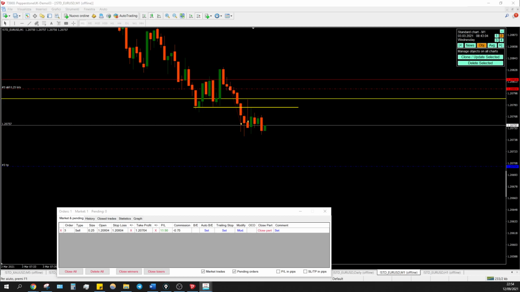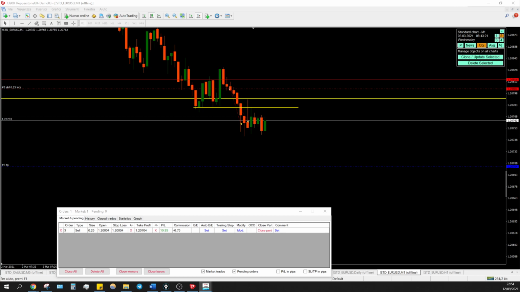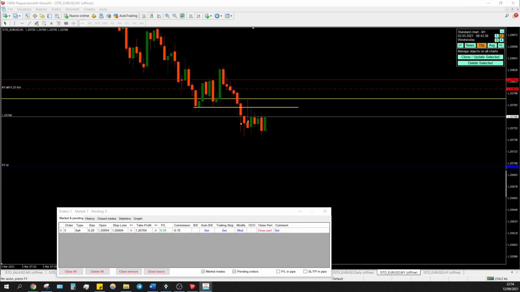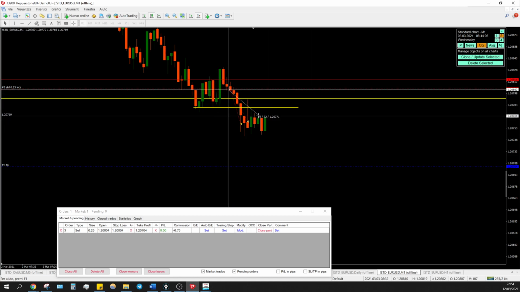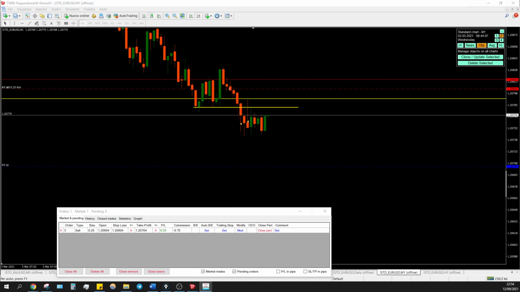Okay, top wick. No, it's not just a top wick. It's a very strong bullish candle. As you can see, we are still below these previous lows.